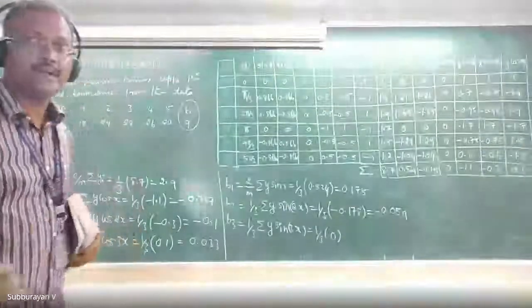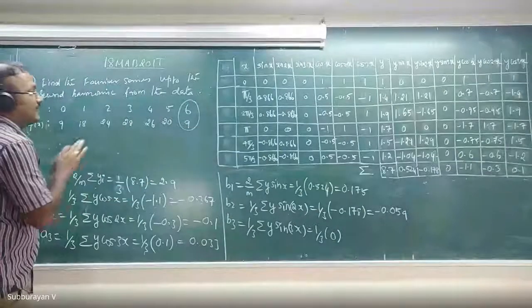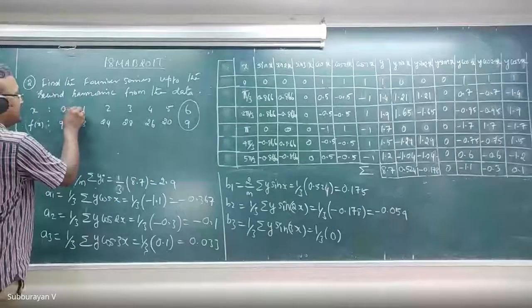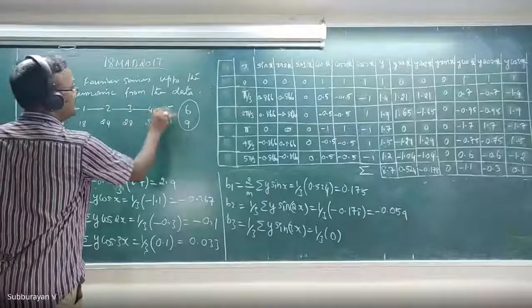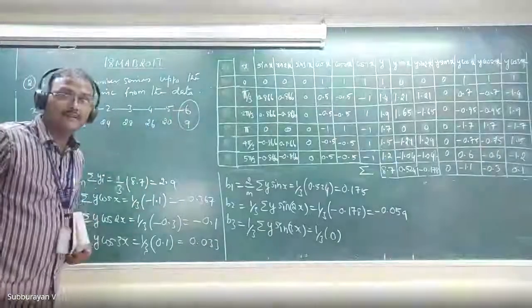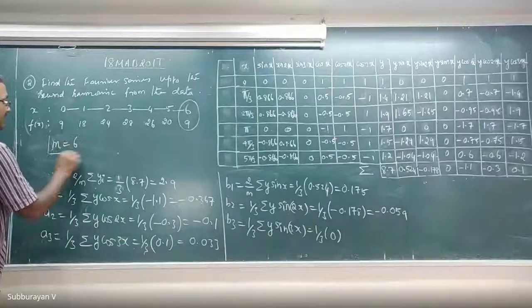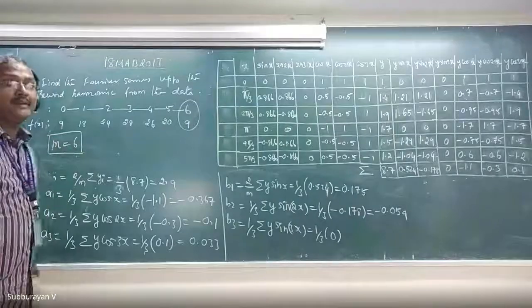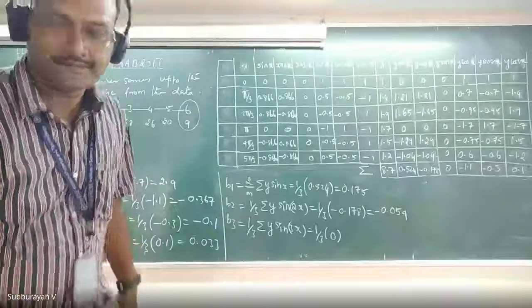After introducing this, now tell me what is the number of intervals. This is the first interval, second, third, fourth, fifth, and sixth interval. So m equal to 6. For this problem also, m equal to 6, that is the number of intervals.